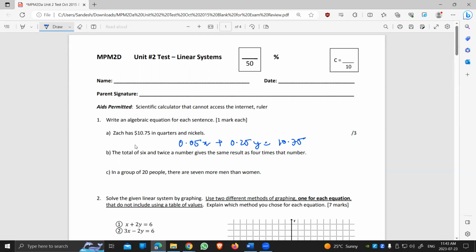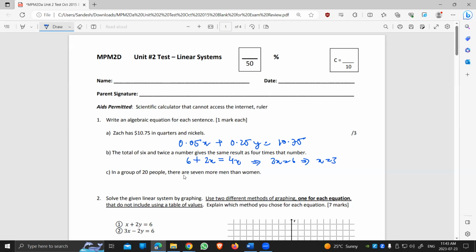It means this: 6, let the number be x, whatever that number is. 6 plus twice a number, 2x, that's what it means. 6 plus 2x gives the same result, means equals to 4 times that number. What's on the right hand side of this equation? 4x, right? That's it. This one, we don't have to solve it, but if you wanted to, you could. 2x is going to be 6, x is going to be 3.